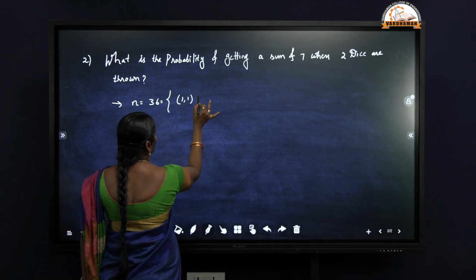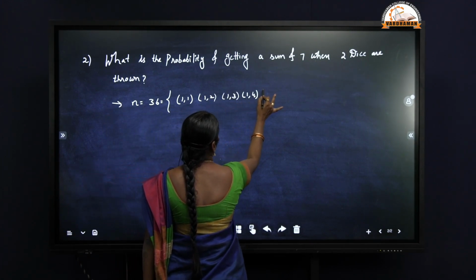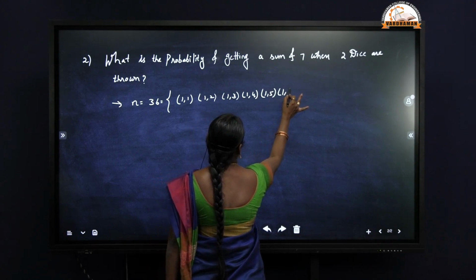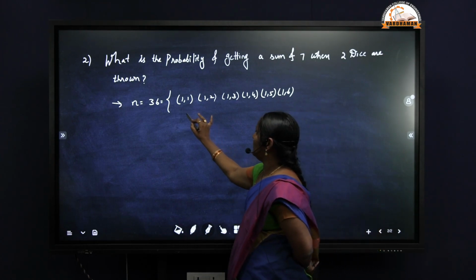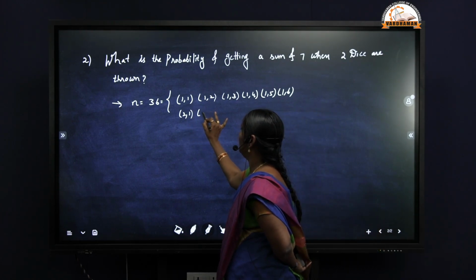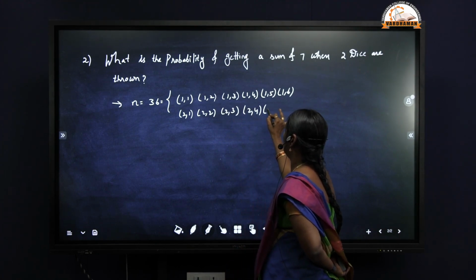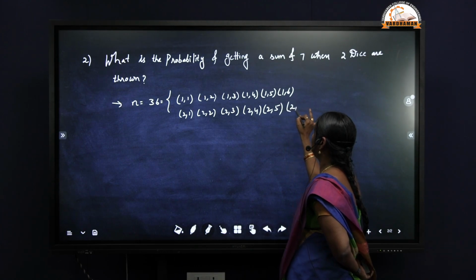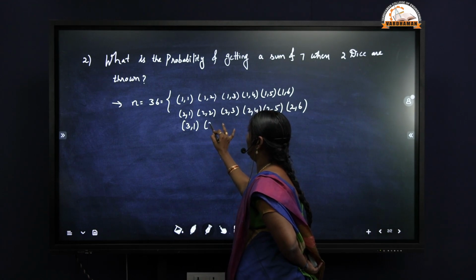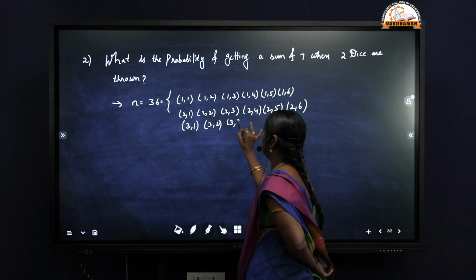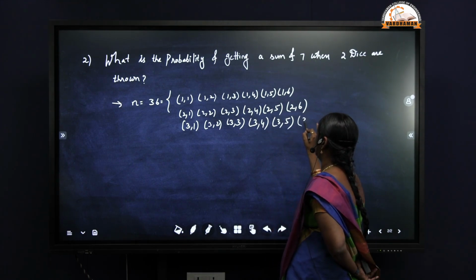We are going to write the events as 1 1, 1 2, 1 3, 1 4, 1 5, 1 6. In the same way, let us start with the element 2: 2 1, 2 2, 2 3, 2 4, 2 5, 2 6. Now let us start with the element 3: 3 1, 3 2, 3 3, 3 4, 3 5, 3 6.